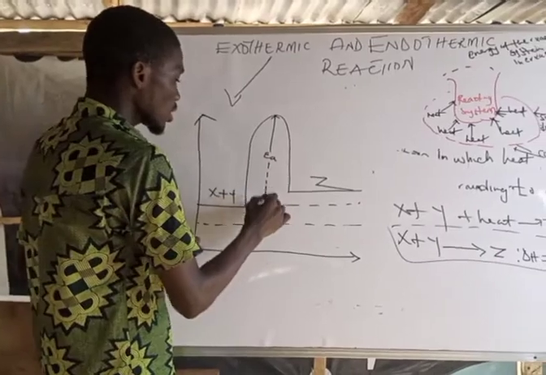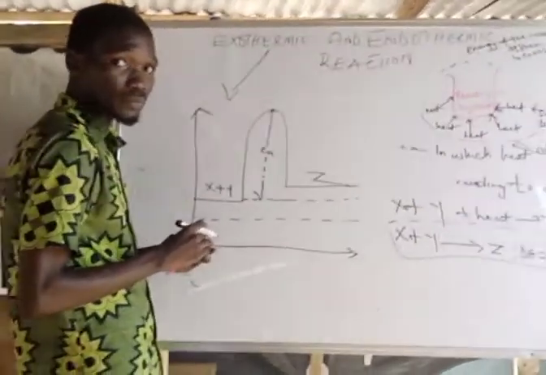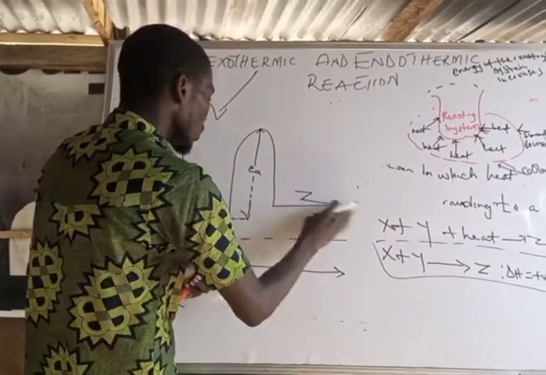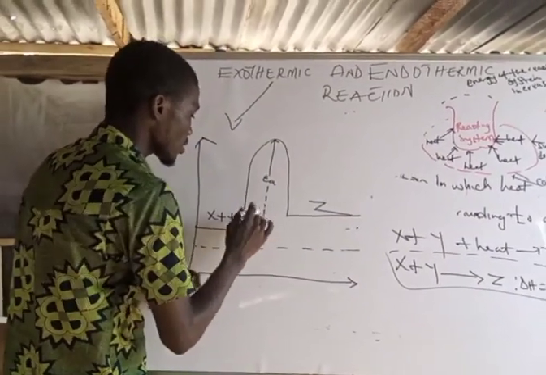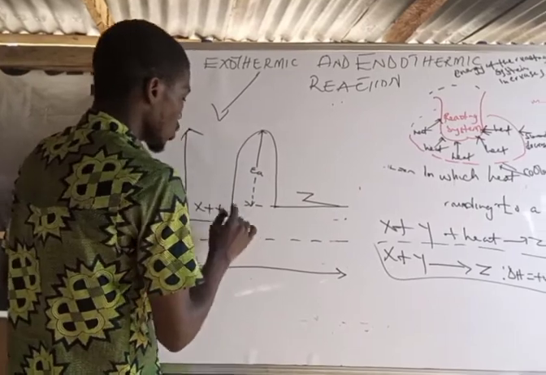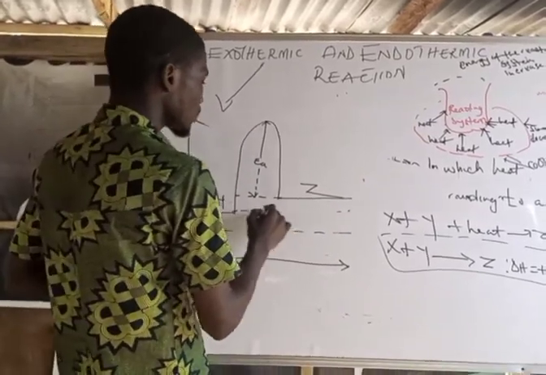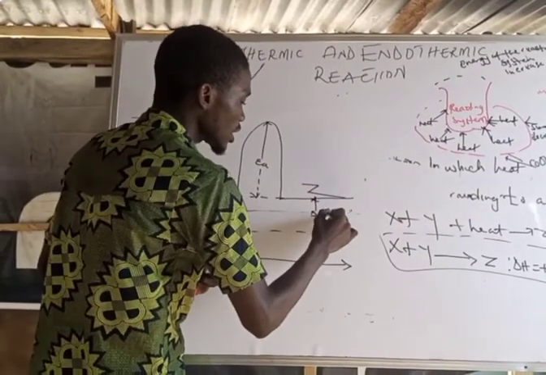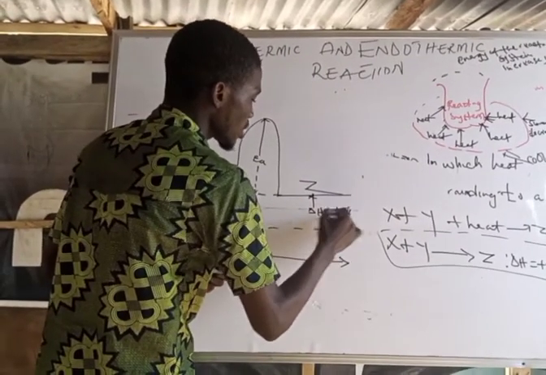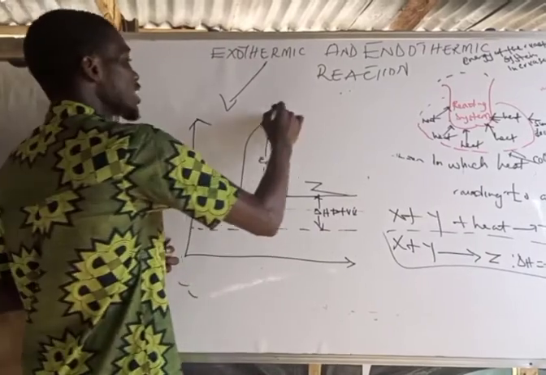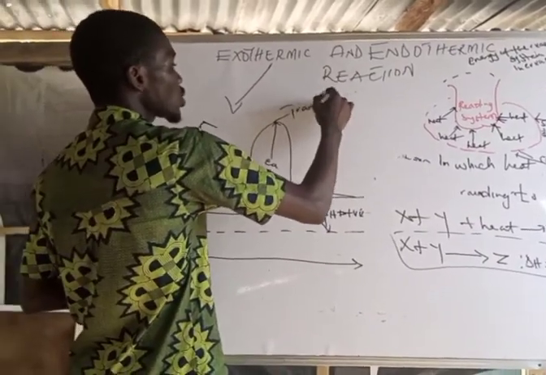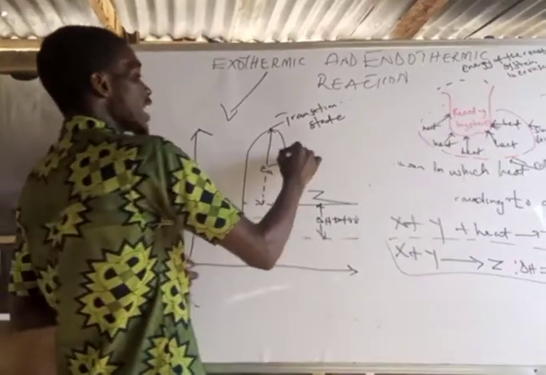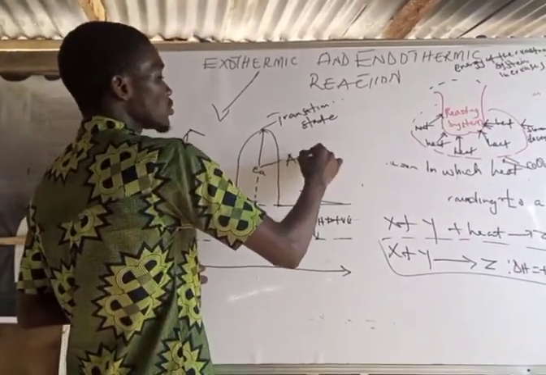So this arrow will be here, then our heat energy change will be in this place. Or we can decide to make it like this. Heat change is equal to positive. So here is the transition state, which is known as the activated complex, while here is the activation energy.